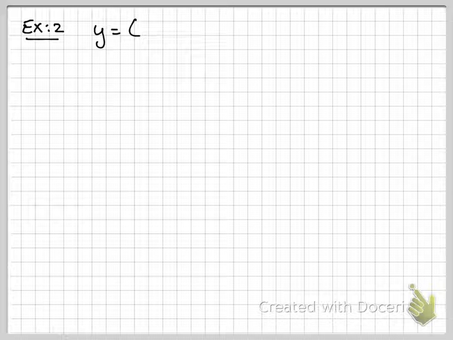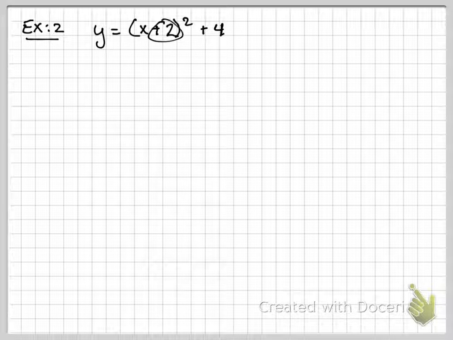Now let's look at another example. Example 2. So here I'm going to say y equals (x plus 2) squared plus 4. Well, I noticed that this sign changed.